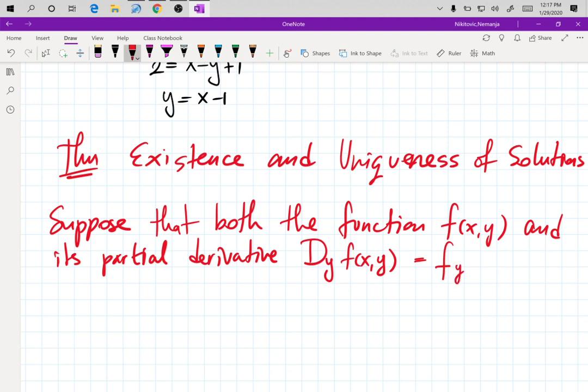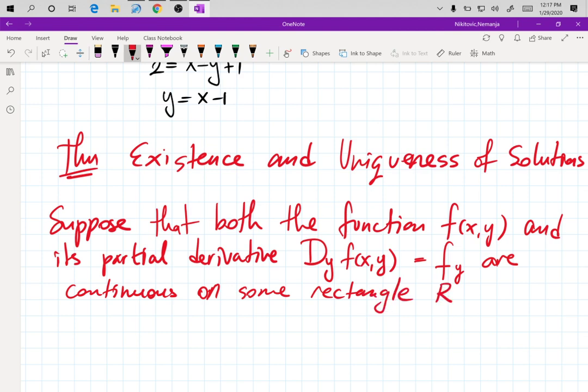Okay, that was your notation from Calc 3. Are continuous on some rectangle R. That's just the space that will box in your solution.